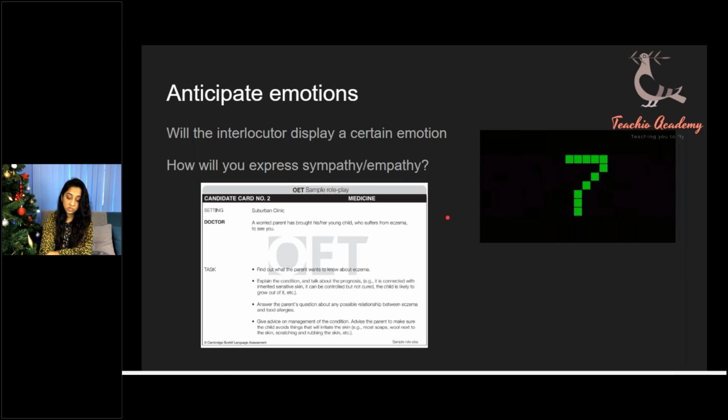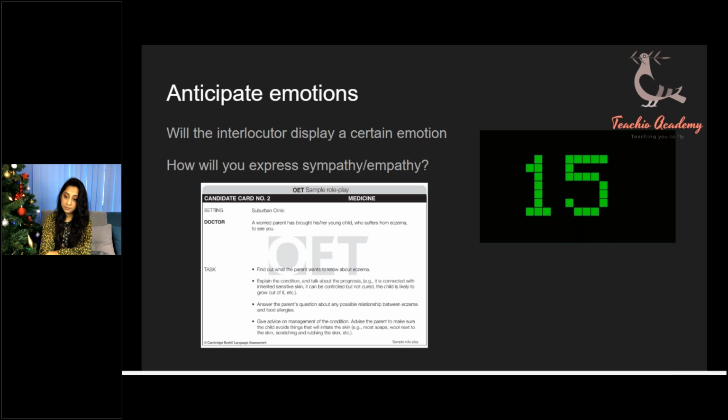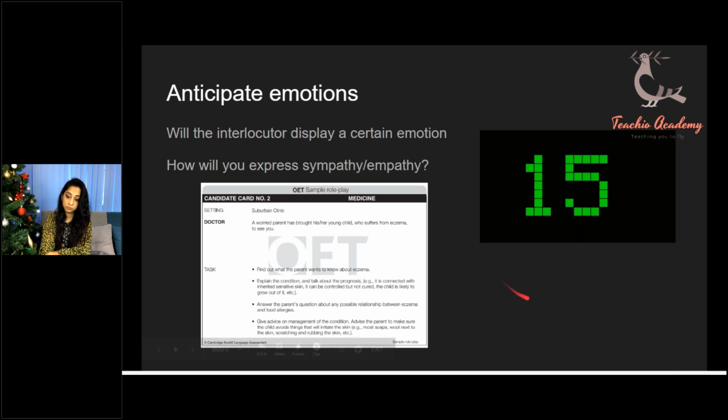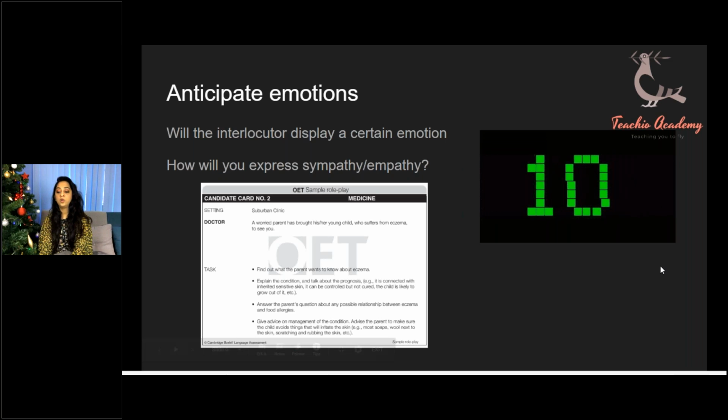So the question is, you always expect the interlocutor to display a certain emotion on the role play, and because you have to show sympathy and empathy, you're going to anticipate that emotion, and with good English sentences, you're going to plan what you're going to say to your interlocutor.